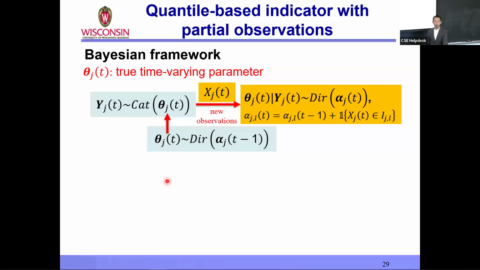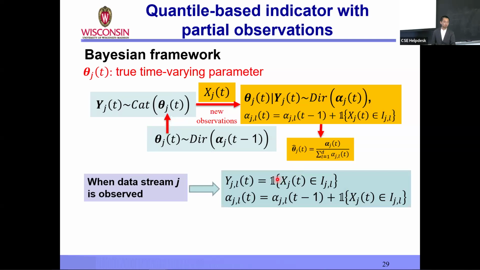When we have new observations, we can get the posterior distribution and also an estimator of theta, theta hat, based on point estimation. When the data stream is observed, we construct y, update alpha, and get the posterior distribution and theta hat.